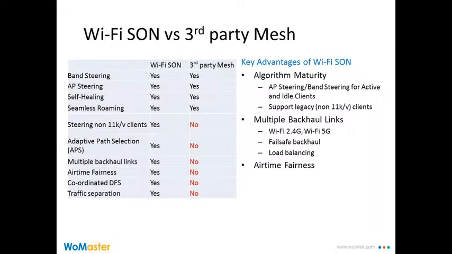With these three features of the Wi-Fi SOM, algorithm maturity, multiple backhaul links, and airtime fairness, the whole mesh network can be enhanced and optimized, along with the individual features in the previous slides.